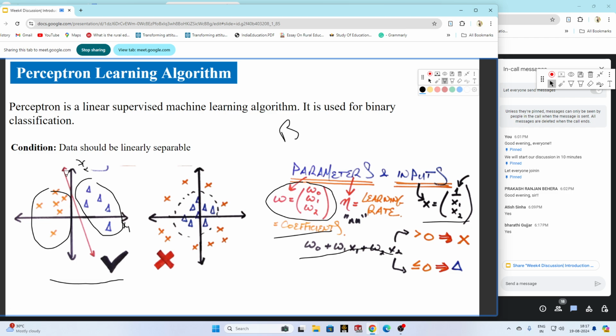If I draw a line like this, it is separating the triangles as well as the crosses, but here this is a misclassification error. That can happen when we randomly choose our weights. So our idea is to modify the weights so that we can remove this misclassification error.